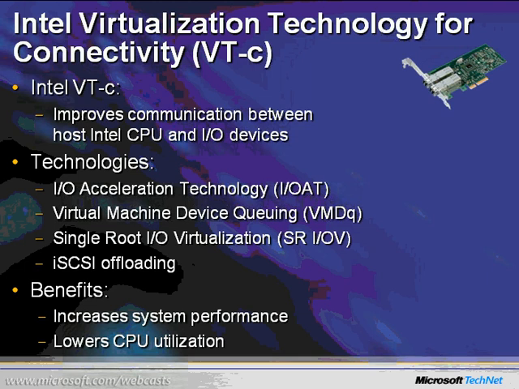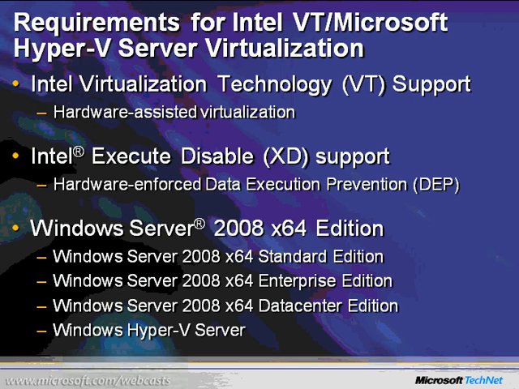And iSCSI offloading is a great feature paired up with Hyper-V because it's an underlying storage technology that can be used by Hyper-V clusters to provide high availability with failover clustering of those virtualized server workloads. So the overall benefits of VTC then: increased system performance, lower CPU utilization.